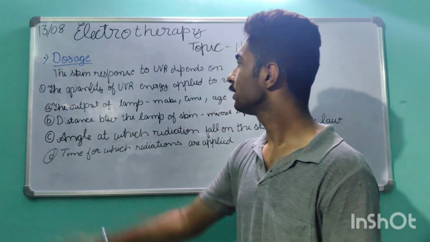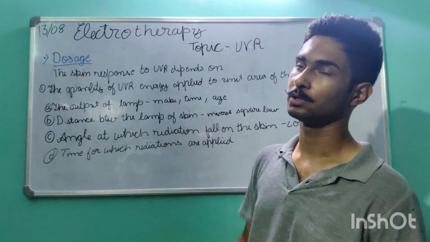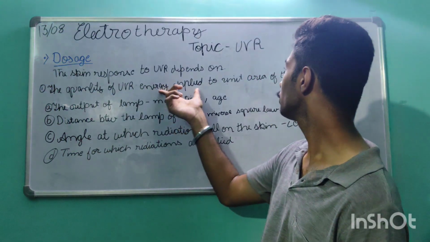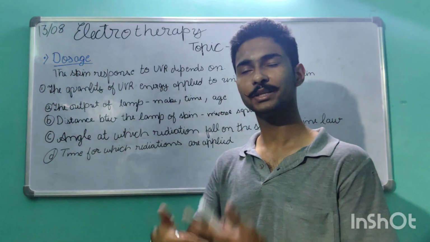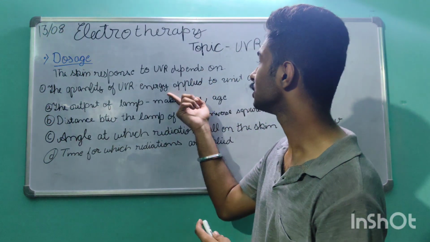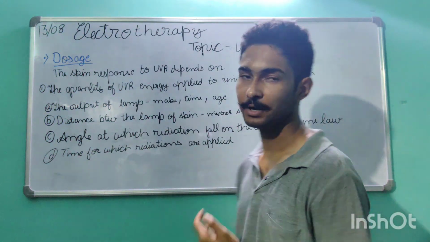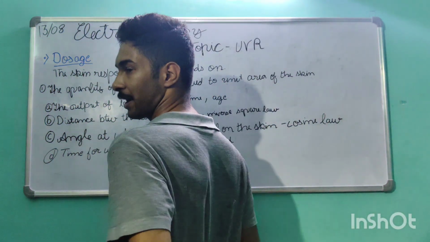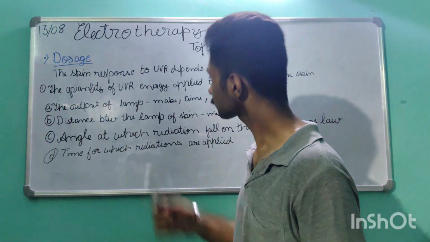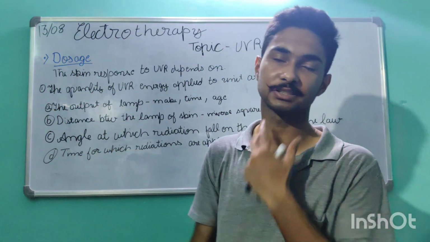The first dosage: the skin response of UVR depends on the quantity of UVR energy applied to the unit area of the skin, or in other words, the quantity of UVR energy applied to the target area of the skin, whether it be the back, lumbar region, or wherever the patient is having pain. Then there are sub factors inside of it.